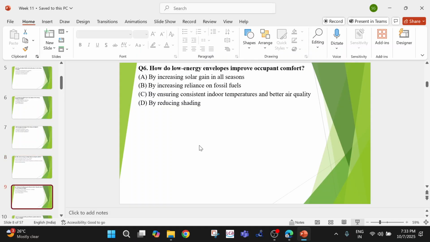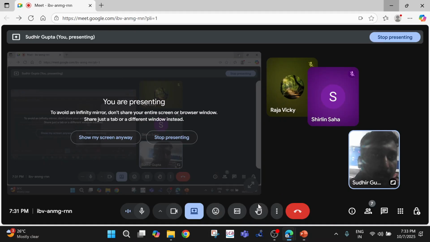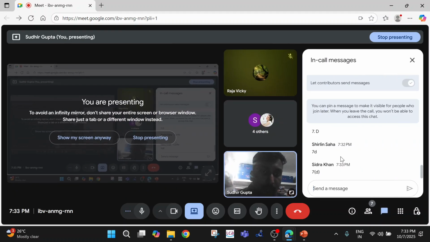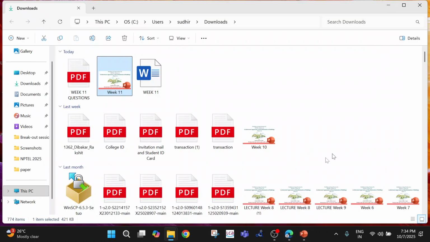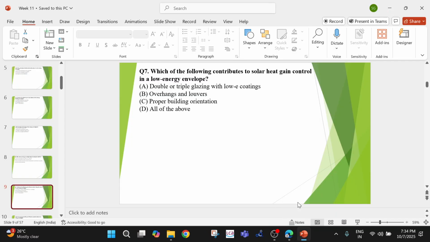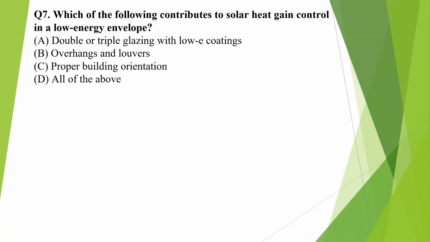So let me see who has answered this question and who has understood the concept of low energy envelope till now. As I can see for this particular question, a lot of people have marked 7D, and it's good to inform you all that 7D is the correct answer. Option D, all of the above, is the correct answer.